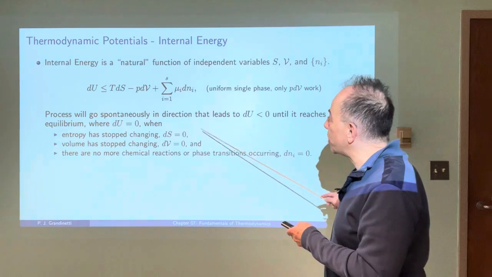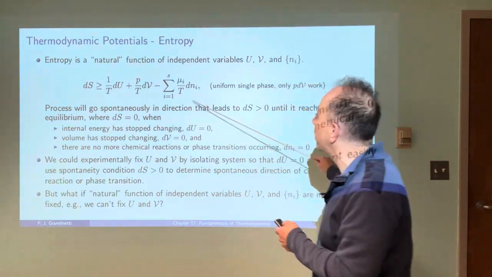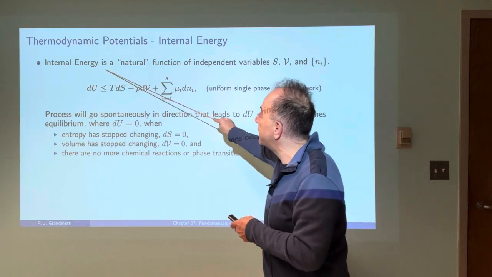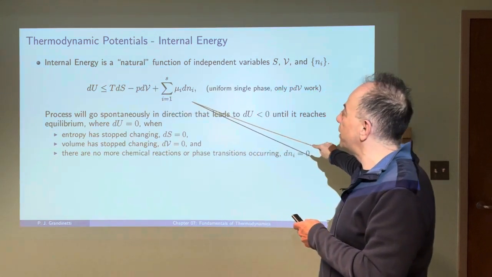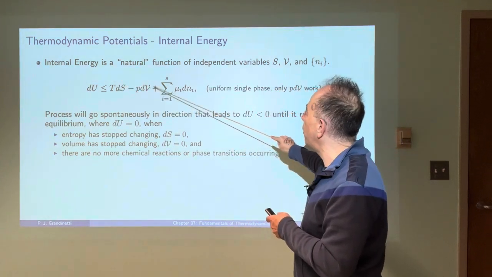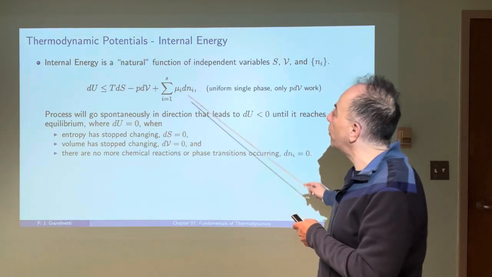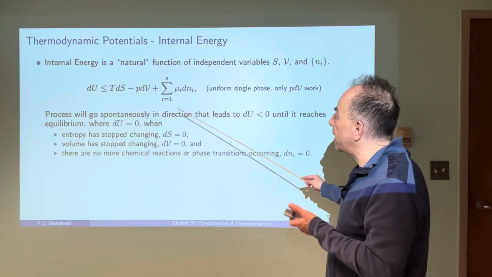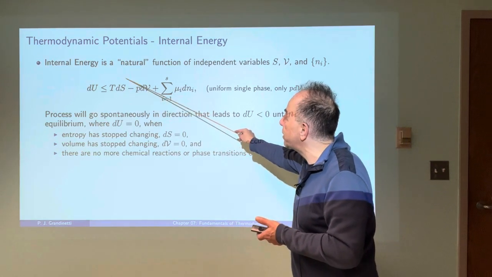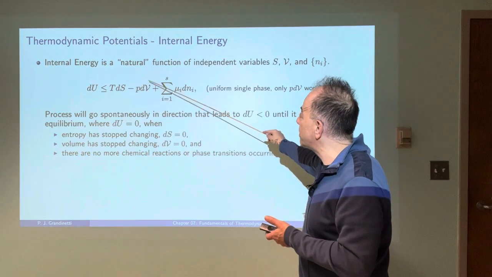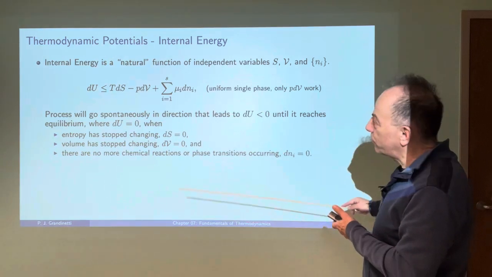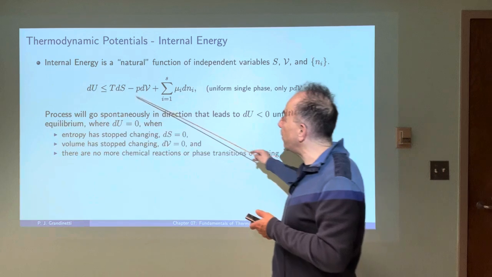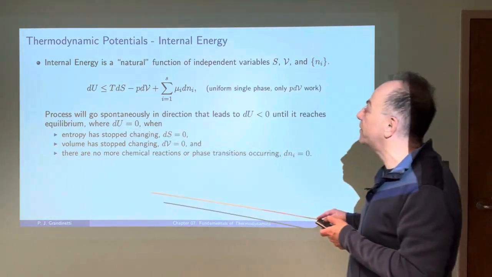If we took that expression and rearranged it, I could have written it this way. So in this way, we see that the internal energy is related to entropy, volume, and the number of moles. So we have an expression where when we reach an equilibrium where the entropy stops changing, the volume stops changing, and the reactions stop changing, so the amounts stop changing, then we reach a situation where dU is equal to zero.